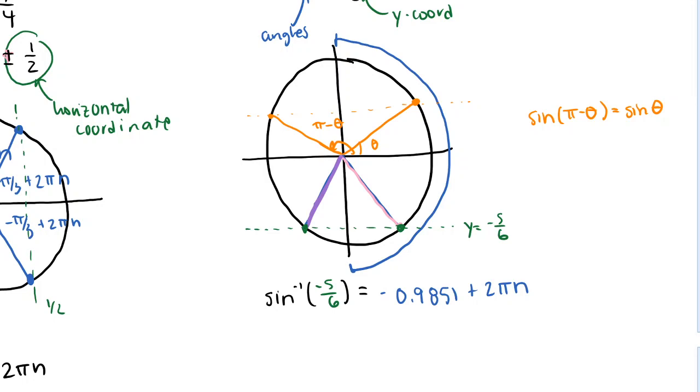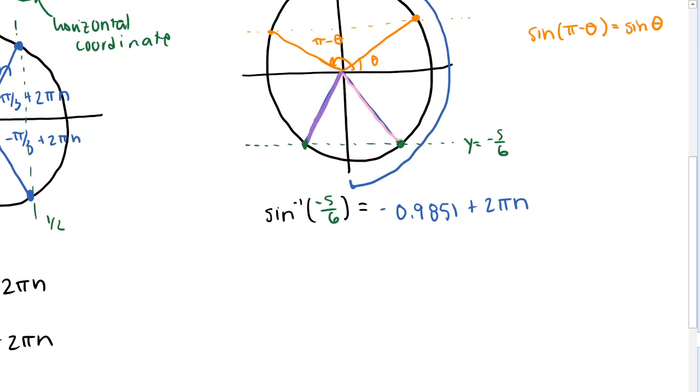And so all of this to say that if we know one solution here is the angle negative 0.9851, well, we get another solution opposite our y-axis, our vertical axis, by taking pi minus this angle. So pi minus negative 0.985, so pi plus 0.9851.